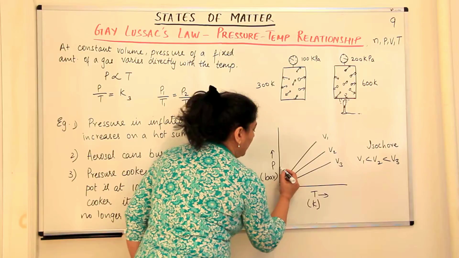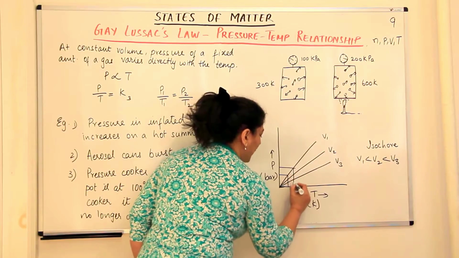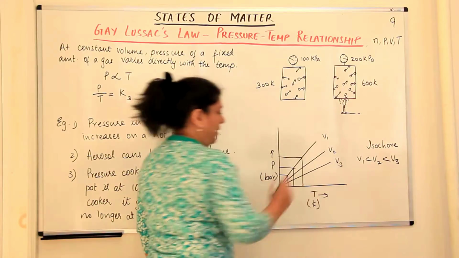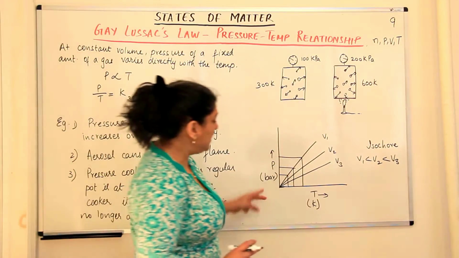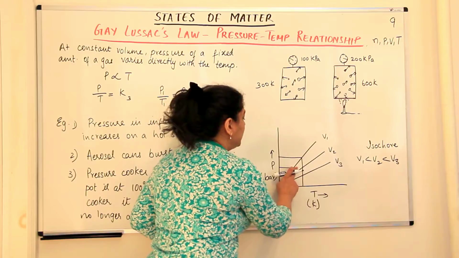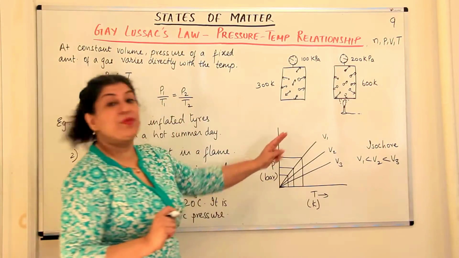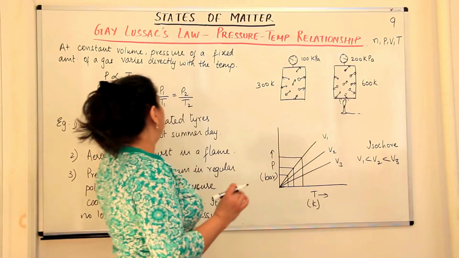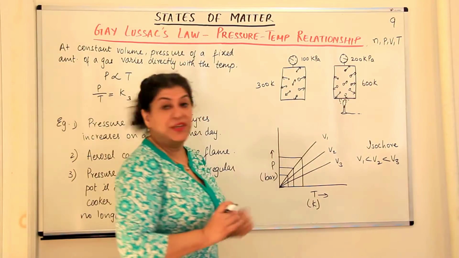For a higher pressure, the temperature went higher. For still a higher pressure, the temperature went still higher. So we notice it's a positive curve, and it's a straight positive curve. So it's a linear curve. So as the pressure increases, temperature increases.